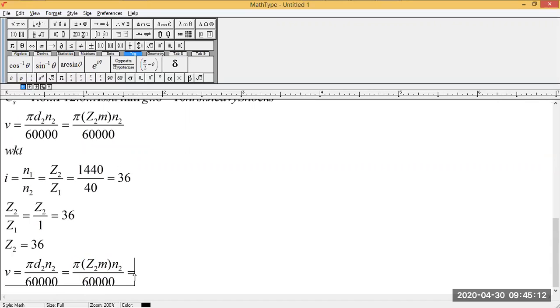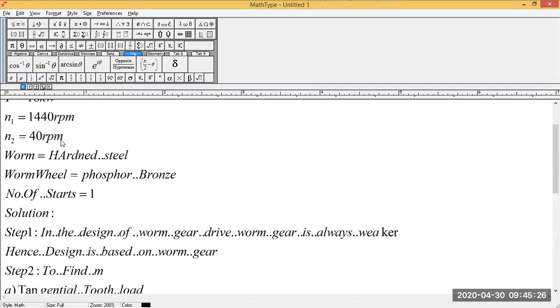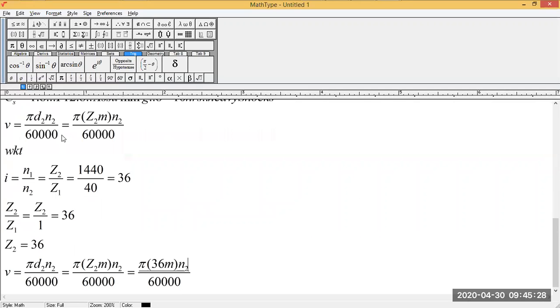So this equals pi times Z2, which is 36, times module and N2, the RPM given in the data. N2 is 40. Now we can calculate the velocity. Just calculate and let me know in the group chat what is the value.